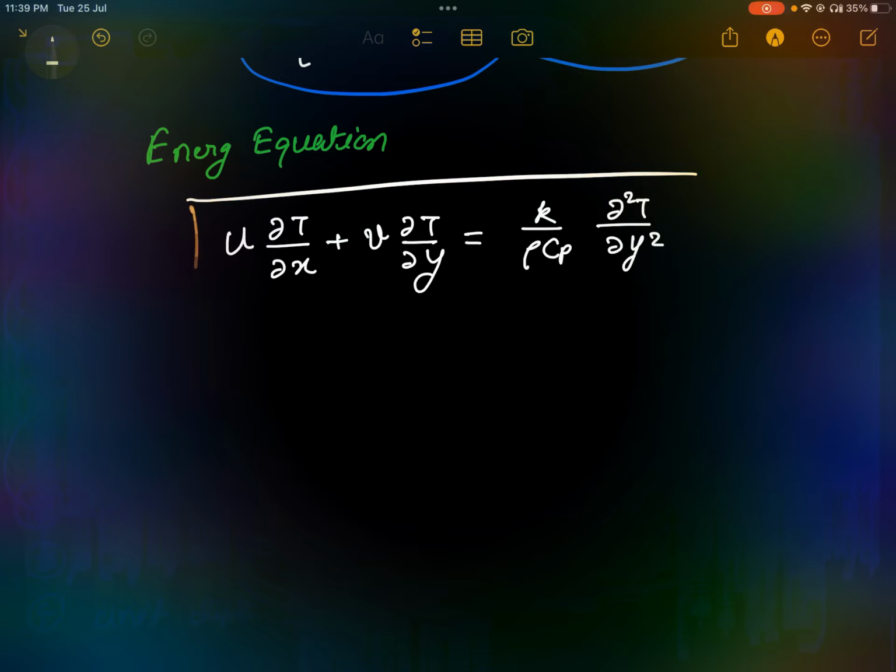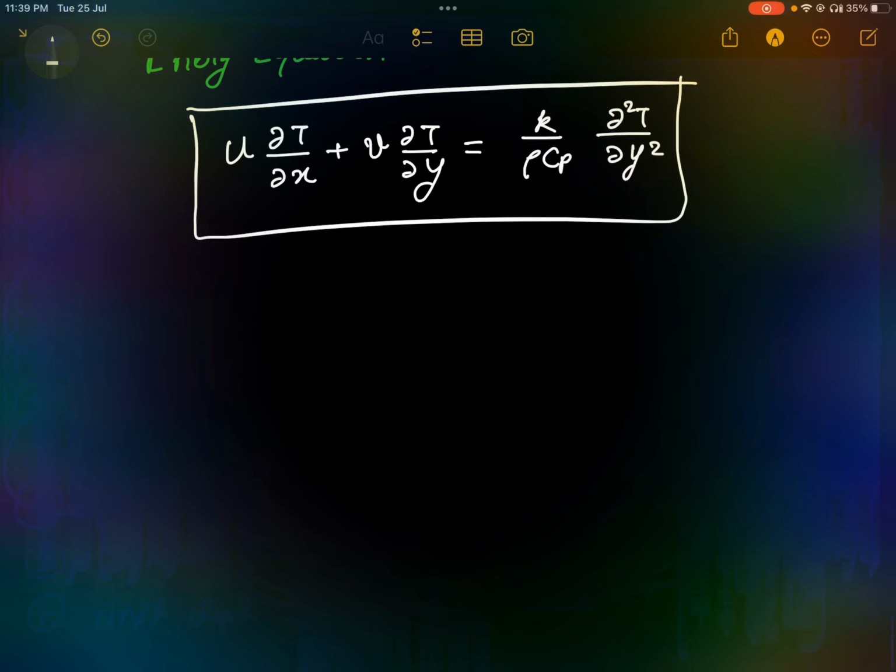This is the energy equation inside the thermal boundary layer. So we can say that the net heat convected into the control volume is equal to the net heat conducted out of the control volume.